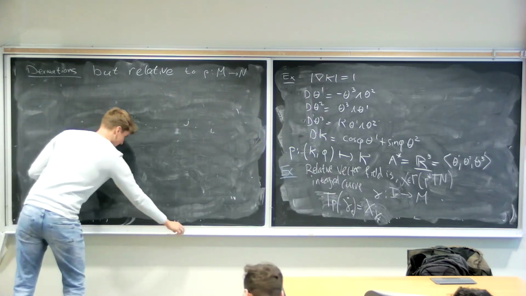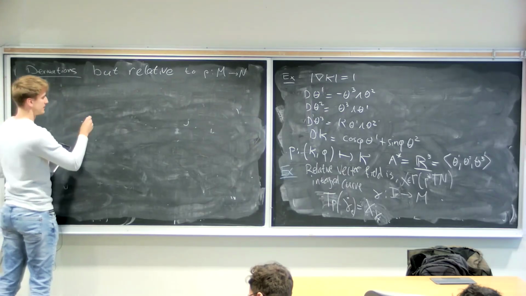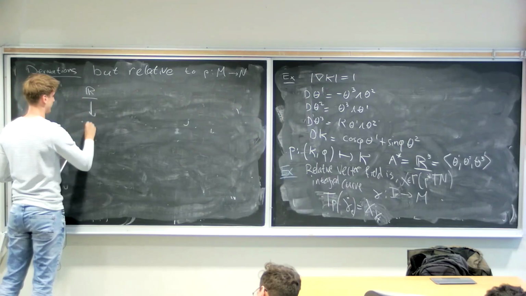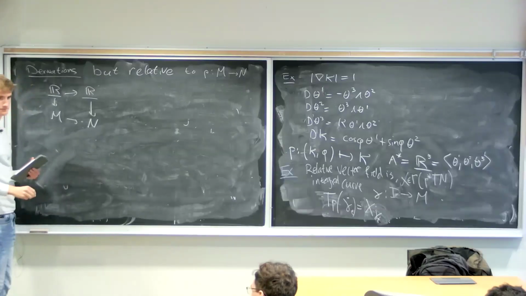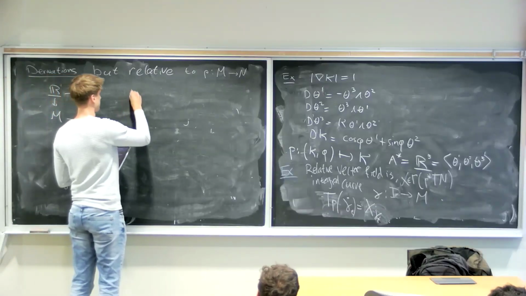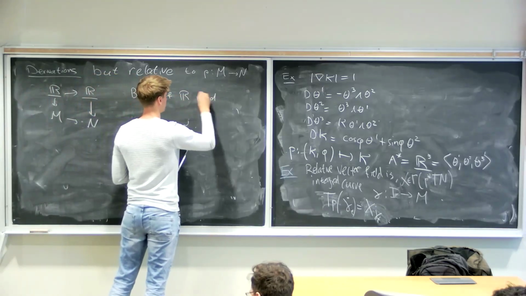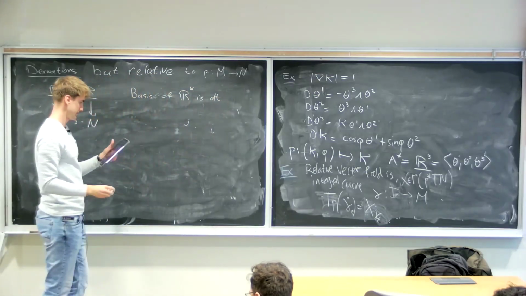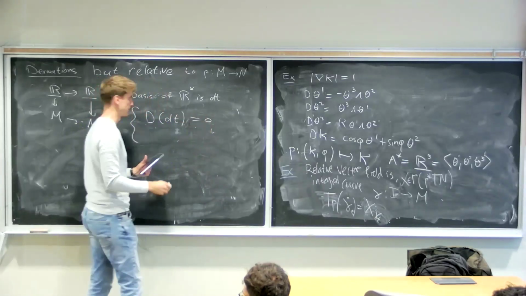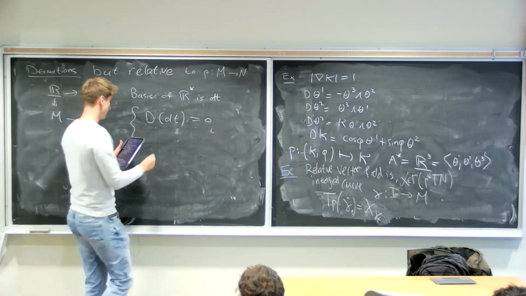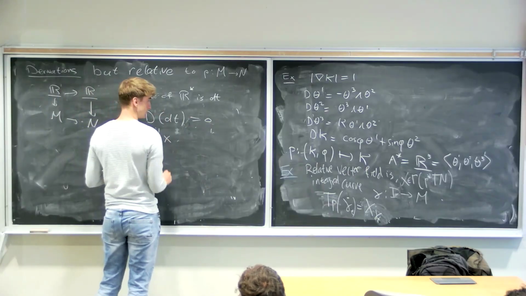So let's see what kind of relative algebroid we get. We can look at the trivial bundle R over N, look at R over M. And now we need to specify, so basis of R star is dt. And then we write the derivation as D of dt equals 0. Well, it has to be 0 if it's a one derivation. And then D of some coordinate functions.